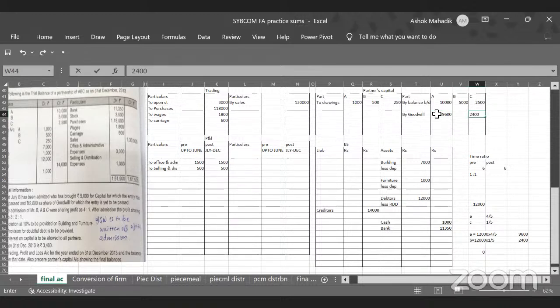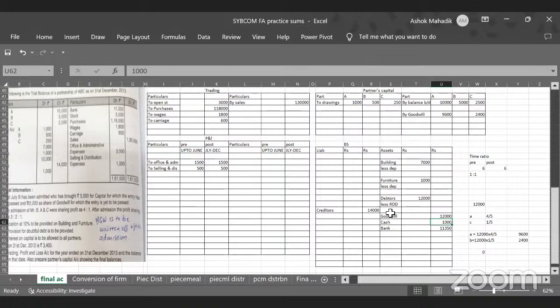Is this clear? And in books of accounts, you will have a new asset like goodwill. I'm just showing you goodwill. Pay attention. How much total worth is 12,000. So if in the sum you are given that for goodwill, entry was not passed, this is the entry which you have to pass.